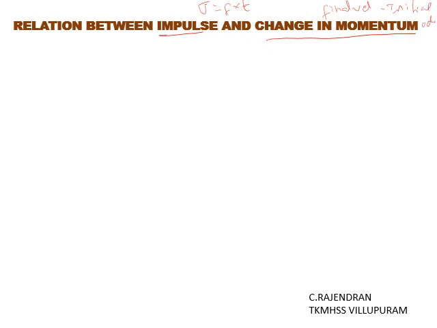Now I am going to derive an expression among these according to Newton's second law. Do you know what is Newton's second law? F equal to m into (v minus u) by t.